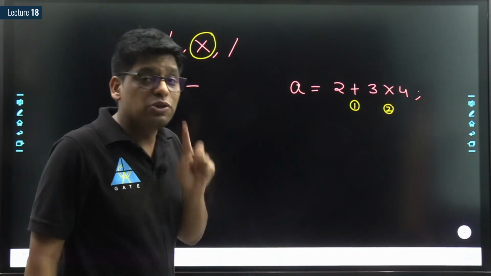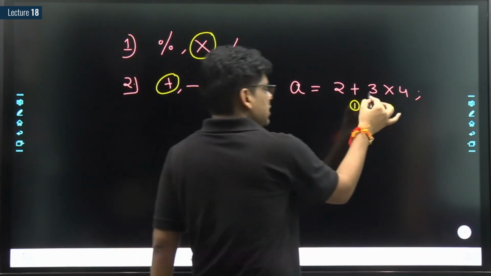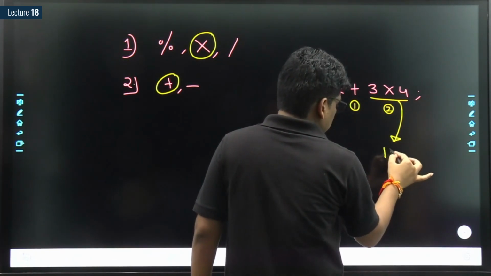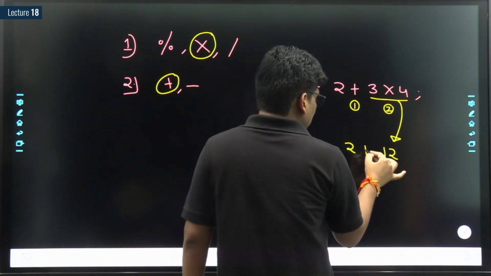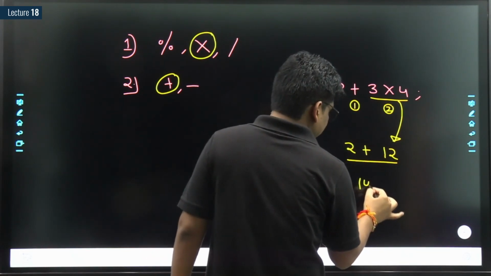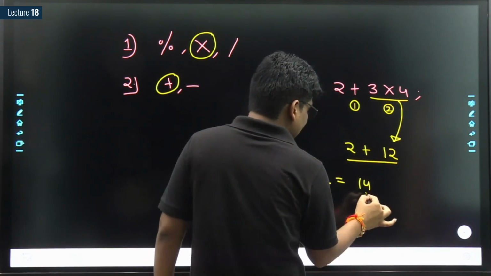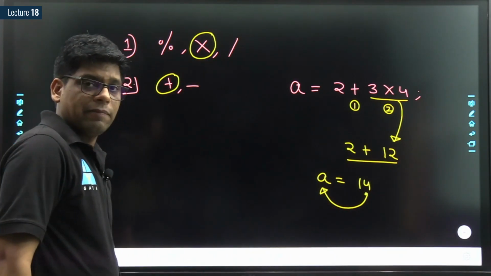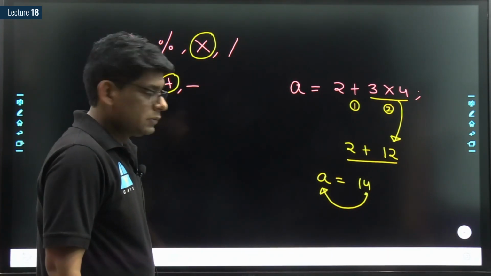That means what should be performed first? Sir, multiplication should be performed first. That means 3 into 4 turns out to be 12 and 2 plus 12 will be performed later. That means what is the value that goes inside A? Sir, 14 is the value that goes inside A. Try to understand this. Okay, sir.